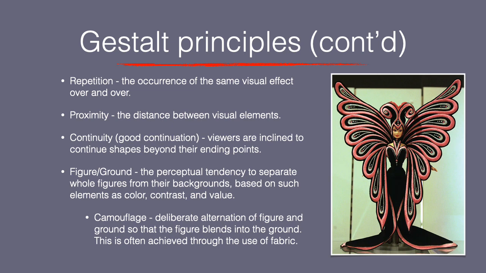This is often achieved through the use of fabric. A simple example of this would be army fatigues. Fatigues are created in neutral colors such as tan and brown, as well as a little bit of green. This allows Army personnel or soldiers to camouflage within their background.